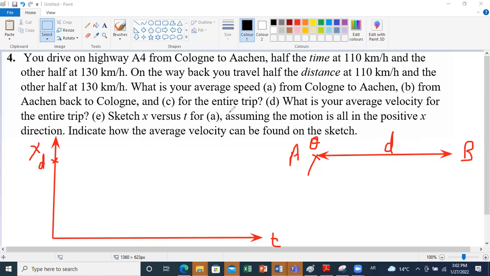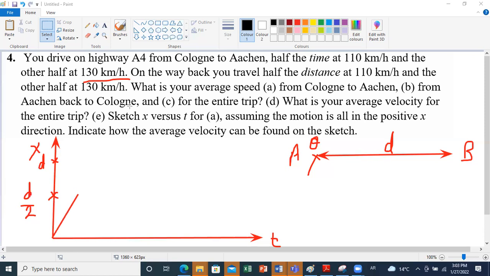Now, they told me that for half of the distance, I moved at a slope of 130 kilometers per hour. So if I want to do a graphical presentation, I will take my ruler. I will take d over 2 here, and I will draw a line of slope 130 kilometers per hour.